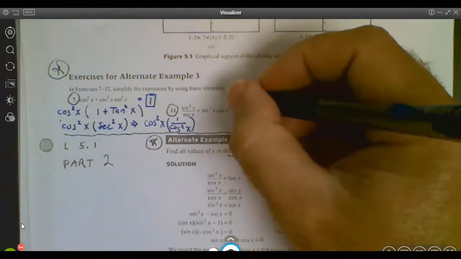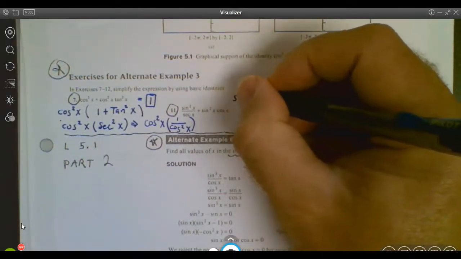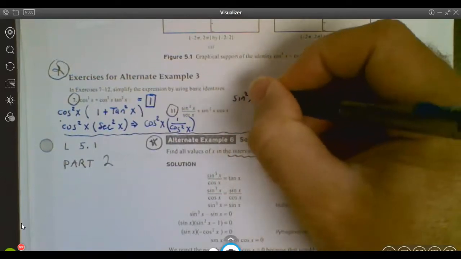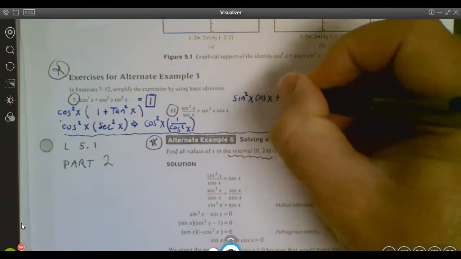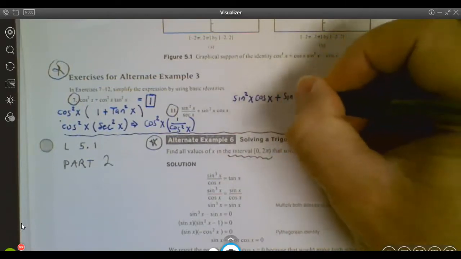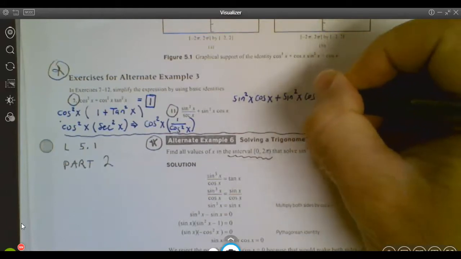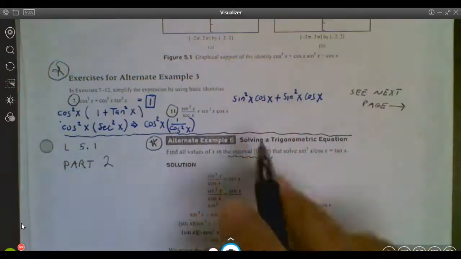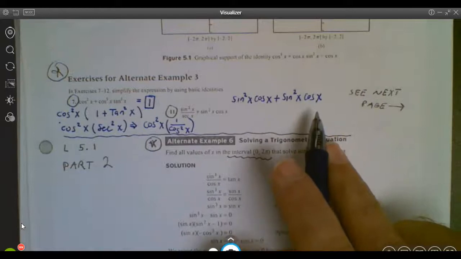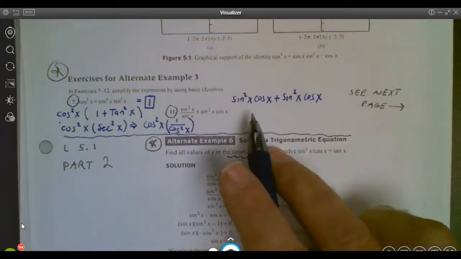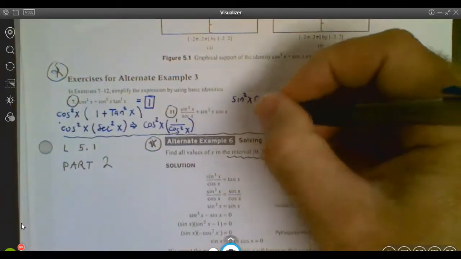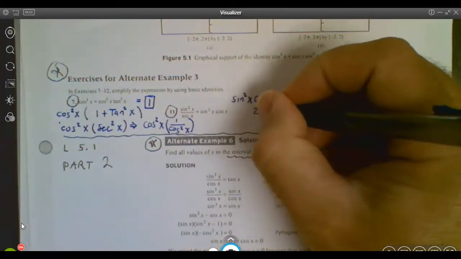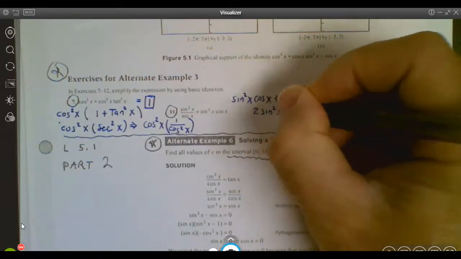So now I'm looking at sine squared x cosine x, again, plus sine squared x cosine x. And from here, since I'm adding this to itself, I now have 2 of those. So I can write 2 sine squared x cosine x.